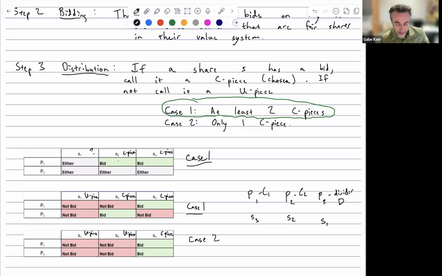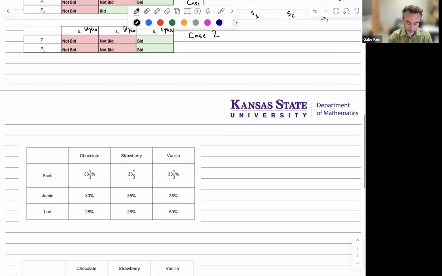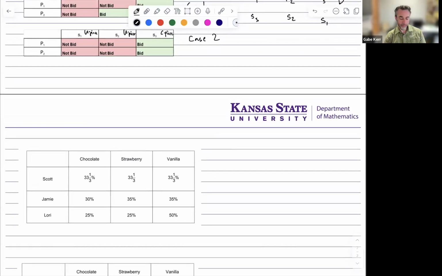All right, so let's take a look at a couple of more real life scenarios than this abstract P1, P2, P3. So I have three people, and we could talk about either milkshakes or cakes.